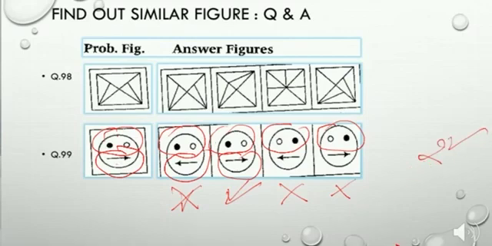So we can see that in questions related to similar figures, we can compare a certain portion of the problem figure with each of the answer figures and eliminate some of the options.